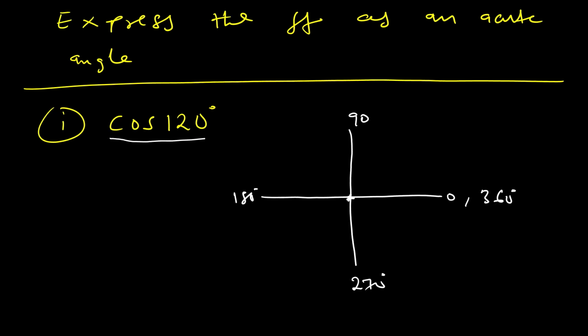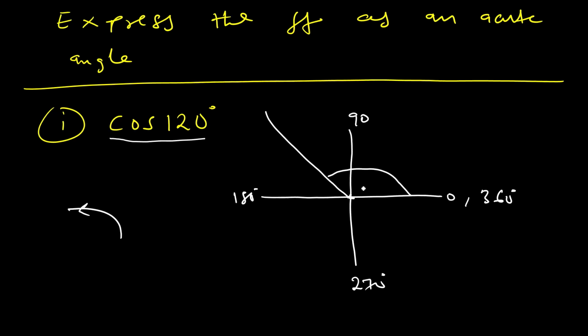In trig, angles are measured in the anti-clockwise direction. So we start from here, then we move and measure 120. Since from this side to this side is 180, 120 will fall here.